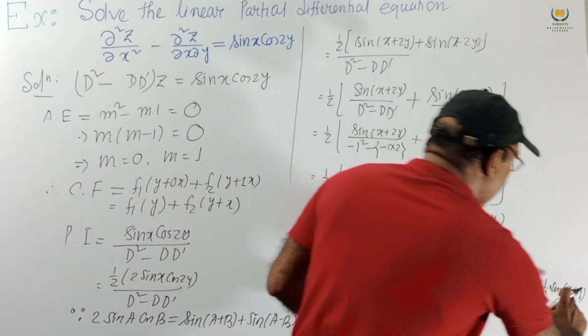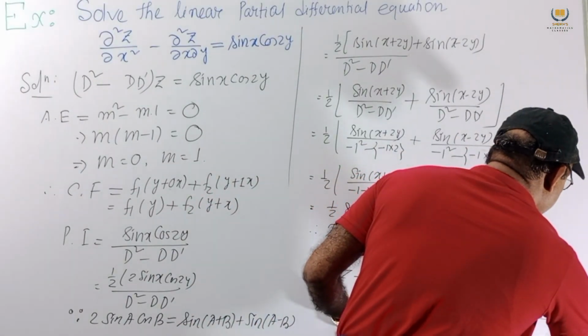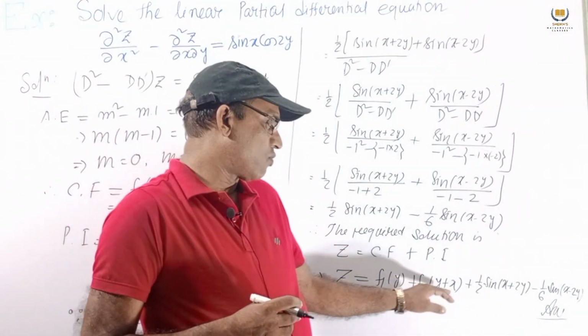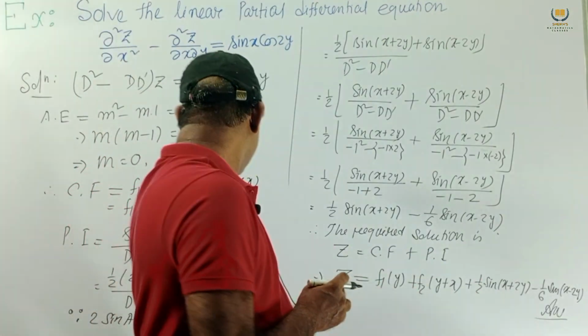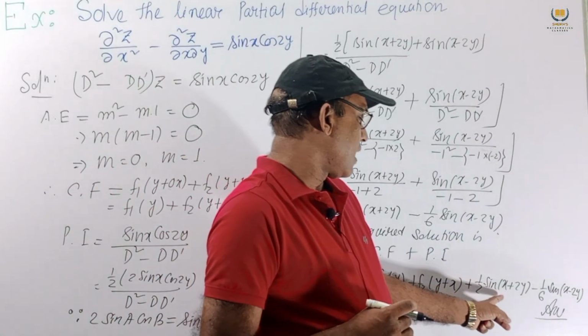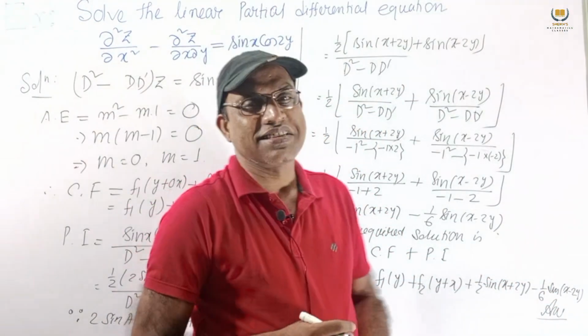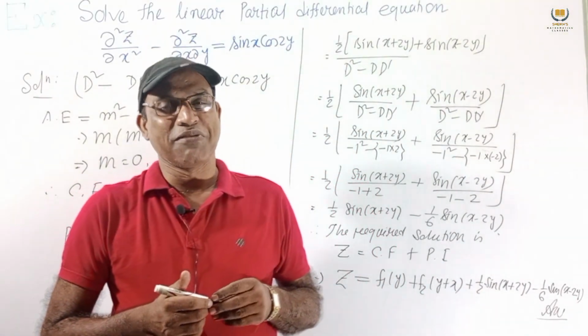This is our answer. So z equals f1(y) plus f2(y plus x) plus 1 by 2 sine(x plus 2y) minus 1 by 6 sine(x minus 2y). This is the final answer, and this is our complete solution of the given problem.